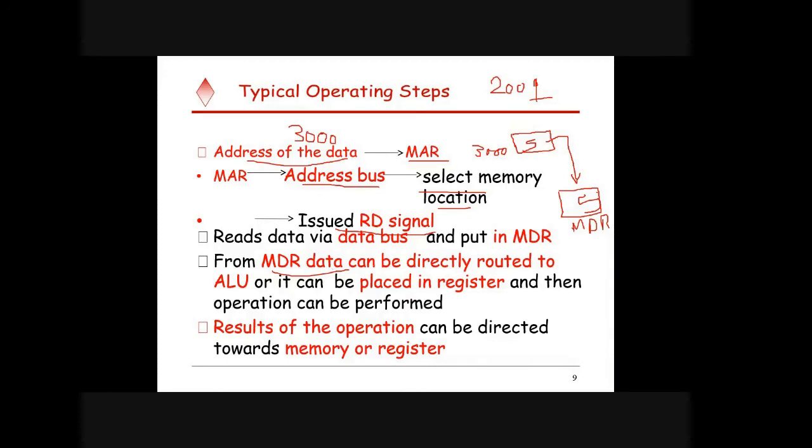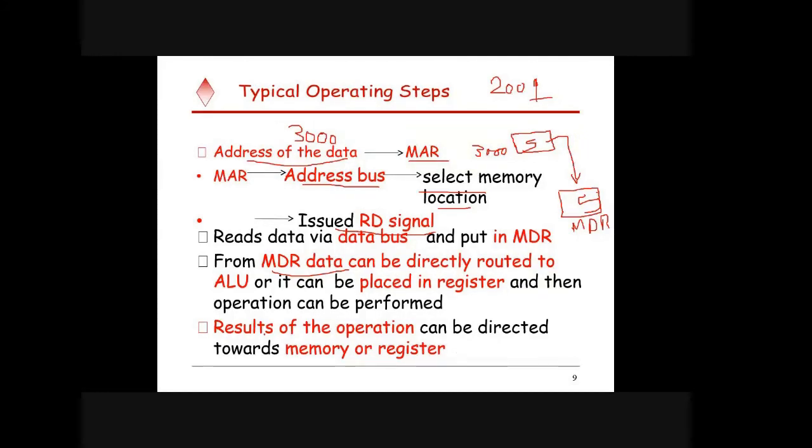So from MDR data can be directly routed into ALU, or it can be placed in the general purpose registers and the operation can be performed. The operation is performed inside the ALU. Again, the result I should write into a register or even into the memory. The result of the operation can be directed towards the memory or into the registers.